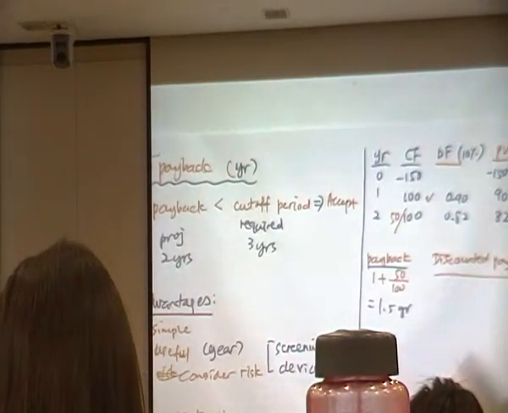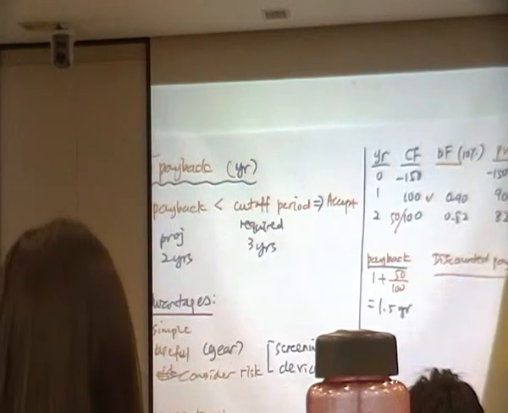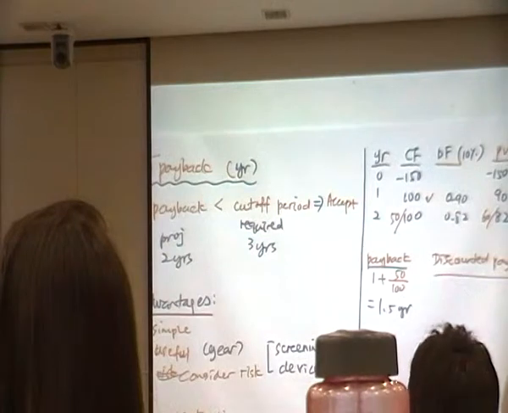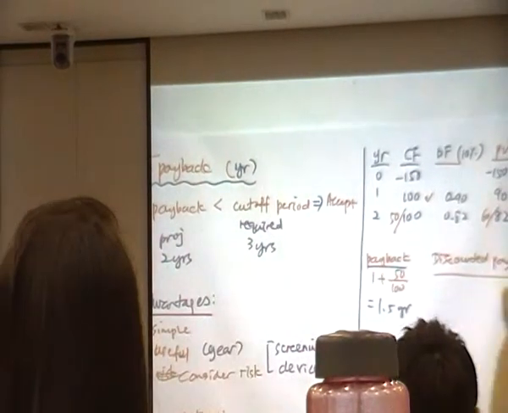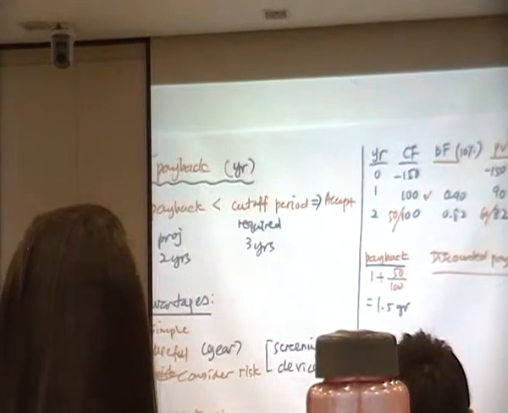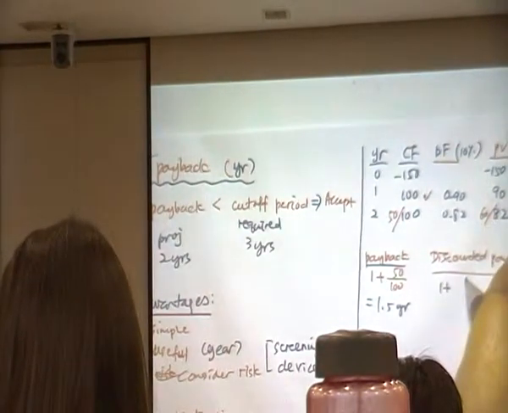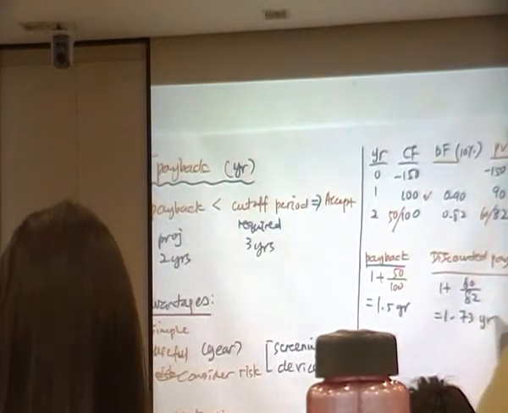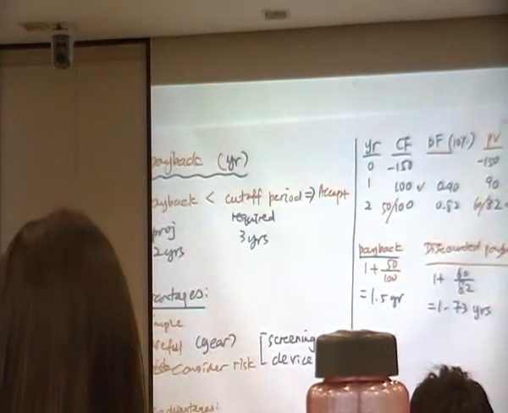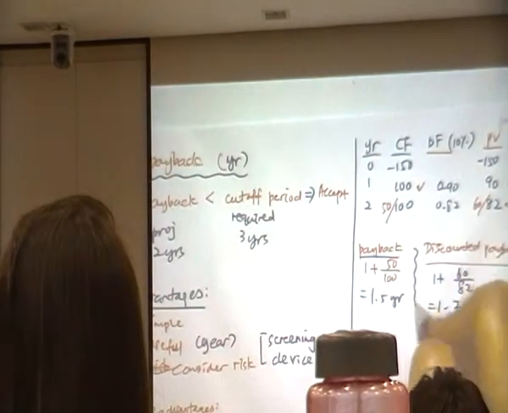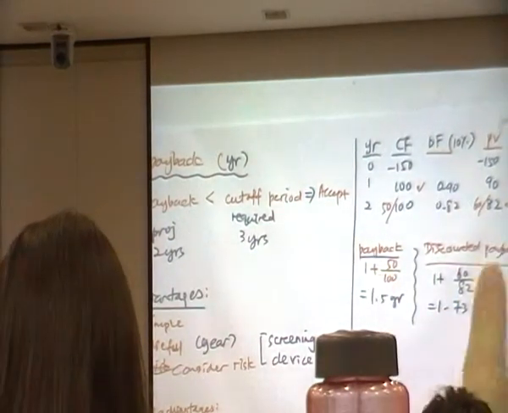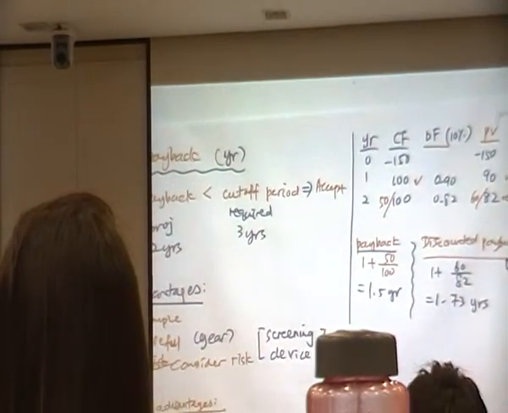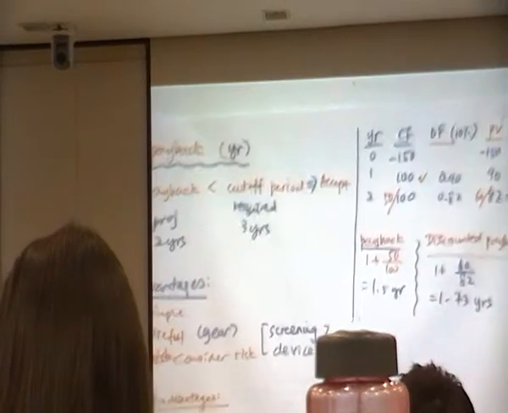Now we are able to cover in year 1, and we still need another 60 out of the 82, which is about 0.73. So according to the discounted payback, we need 1 plus 60 over 82, which is 1.73 years. This gives you a more accurate answer. Payback or discounted payback? Discounted payback. It's an improved version of the payback.